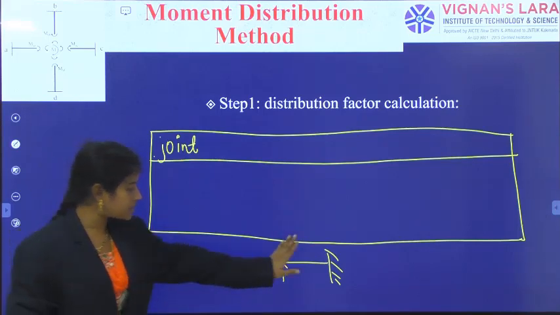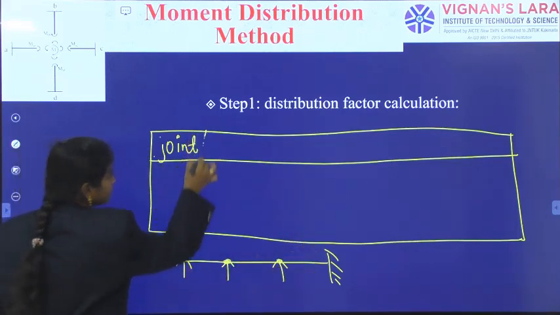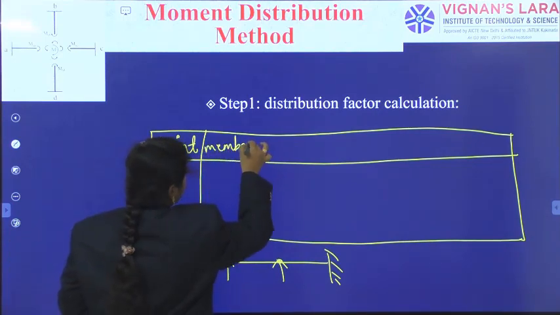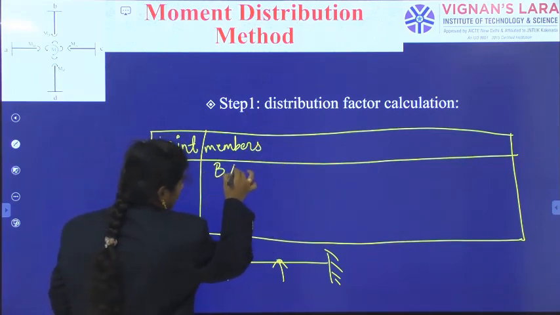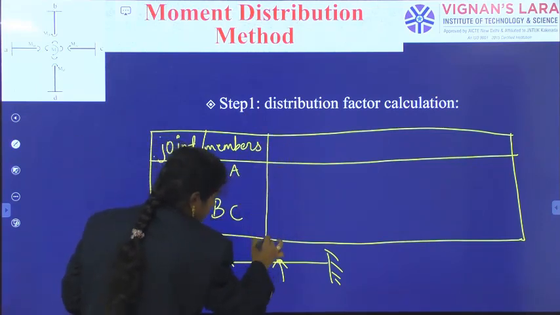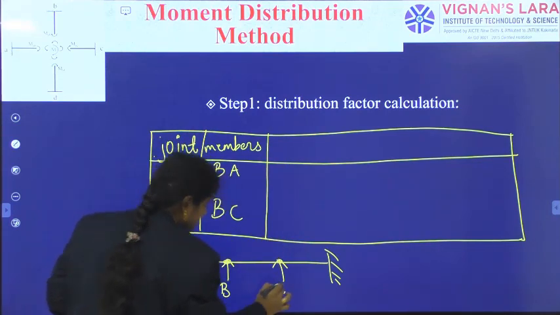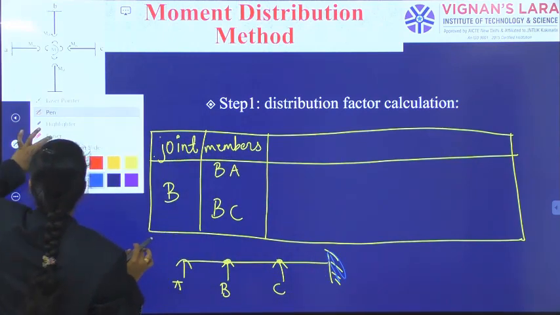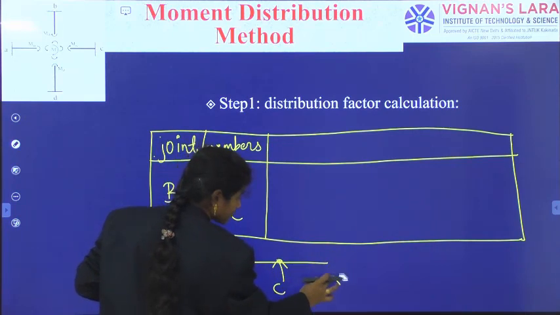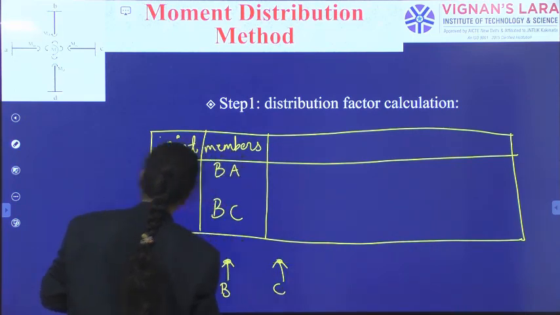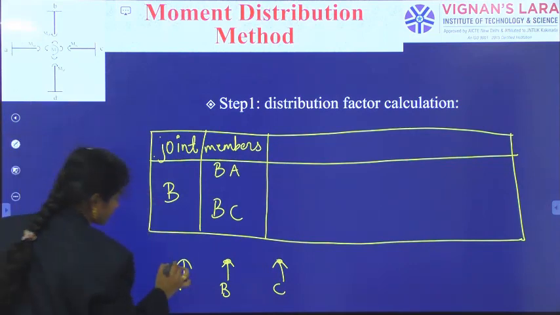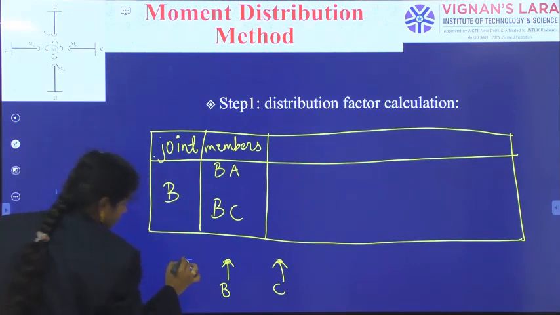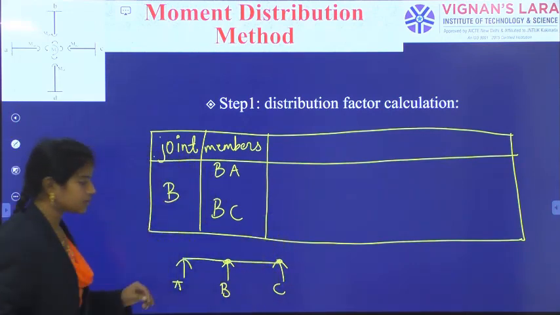But here our problem is only up to this, so the only joint available is B. The members connected to this joint are BA and BC. This is A, this is B and this is C. So this is our condition.